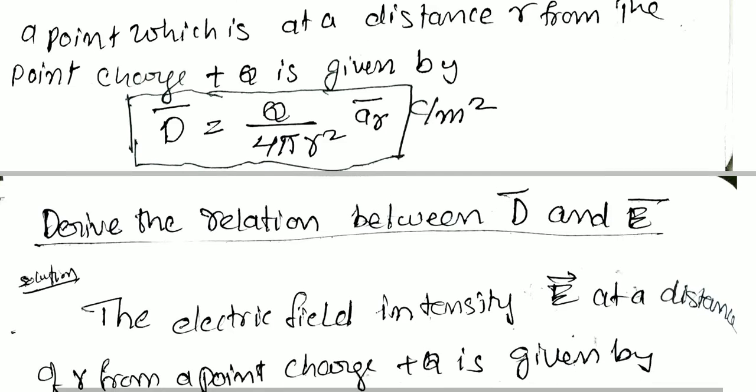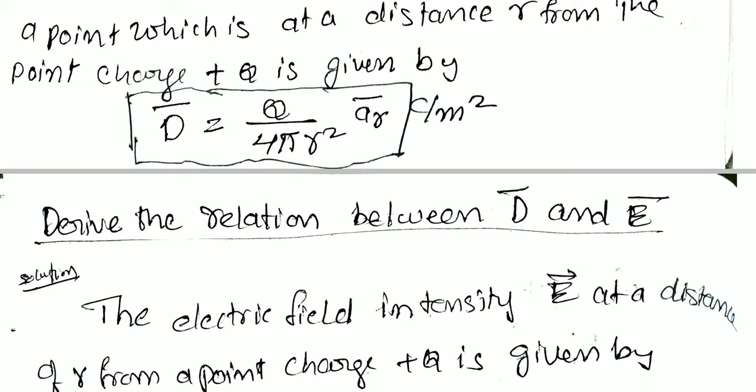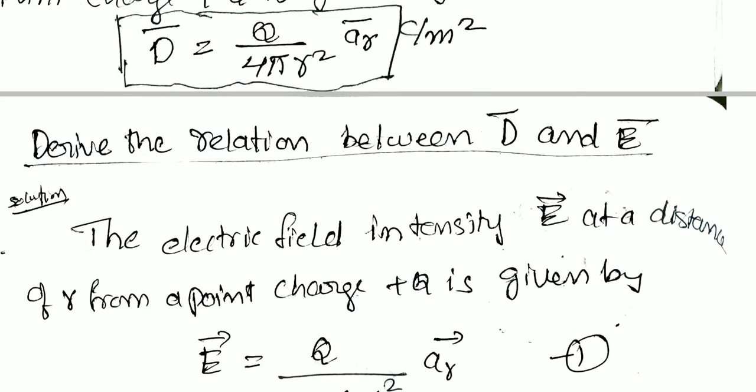Now we will derive a relation between D and E. D here is electric flux density, E is your electric field. You know electric field, I once again repeat what is electric field. Electric field is nothing but the force per unit charge at a point of measure.